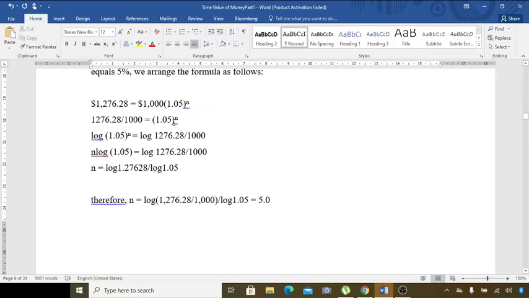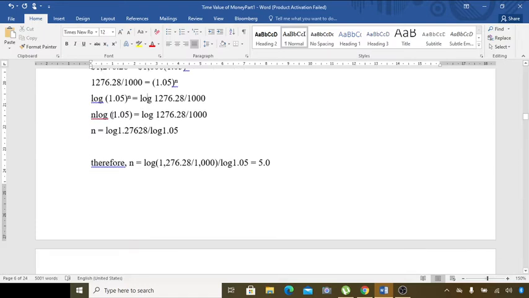You put 1.05 to the power of n on one side and 1,276.28 divided by 1,000 on the other, and put the log on both sides. After logging, n can come down. It becomes n times log 1.05 equals log of 1,276.28 divided by 1,000.